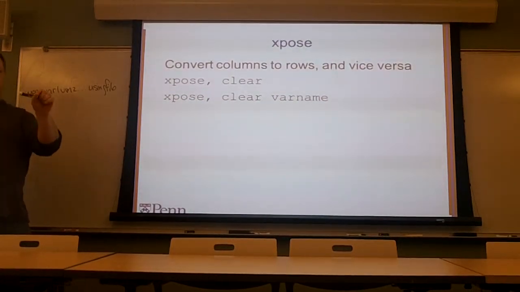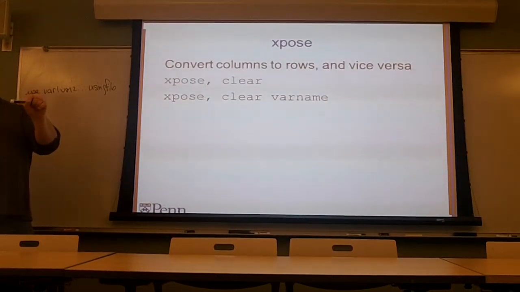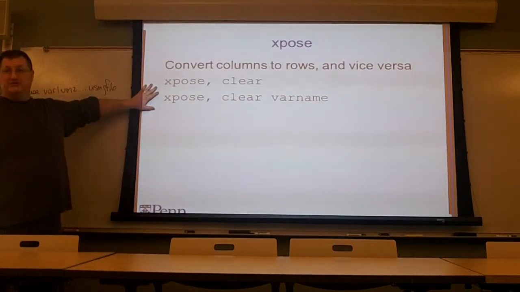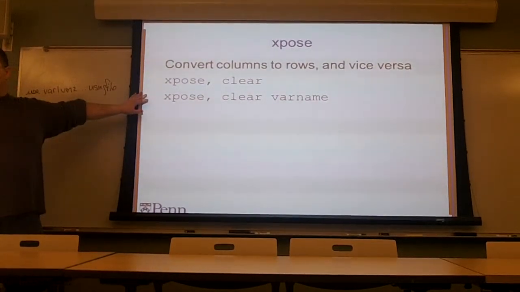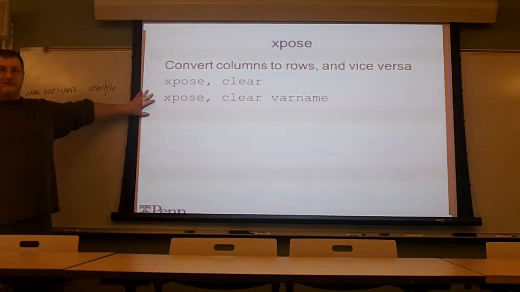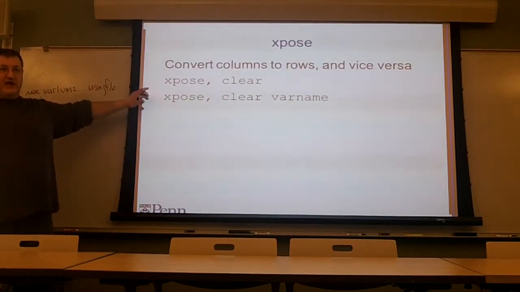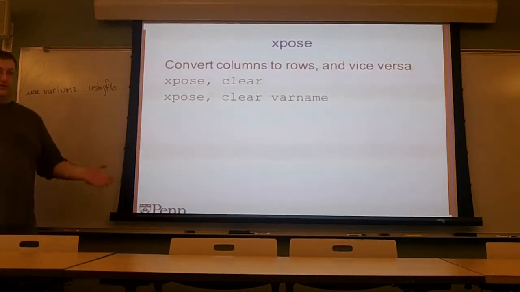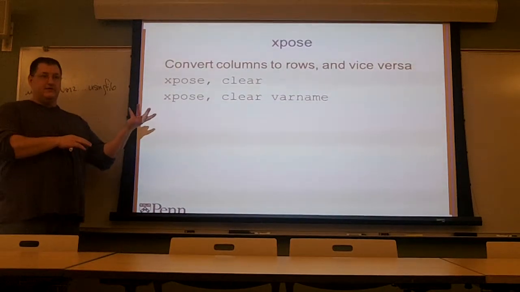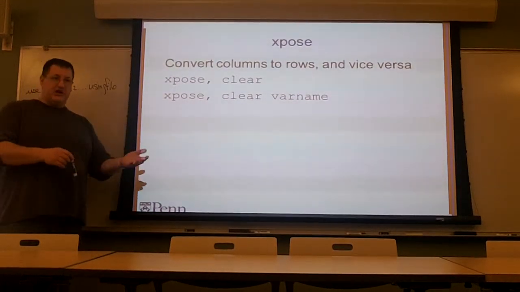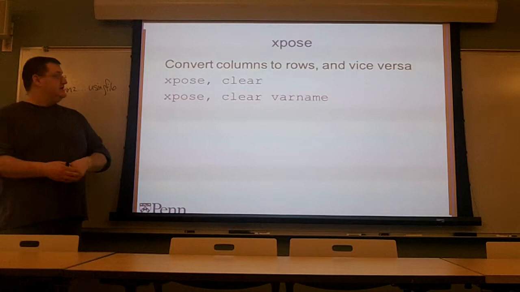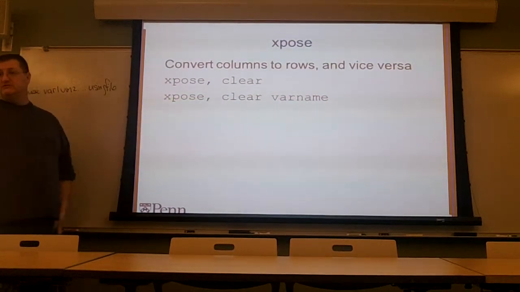So I can go back and forth with that pivot. But for the expose, once you transpose the data in a true transpose, like in a mathematical sense, you can't go back unless you read the data from the disk again. So there's a difference between reshape, which is really a pivot, and transpose.